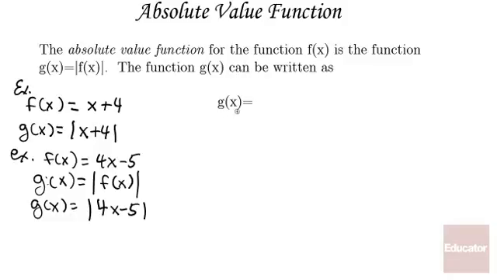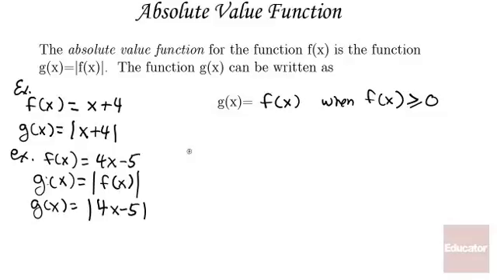Therefore, g of x equals f of x when f of x is greater than or equal to 0. So if I solved this out and found it was 0 or 1, 2, 3, 4, any positive value, g of x and f of x are going to be the same.